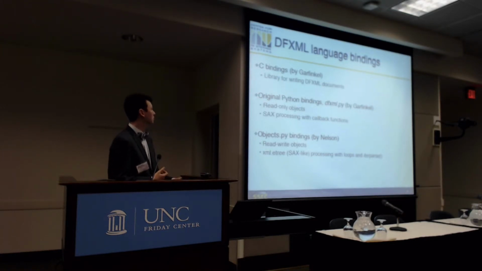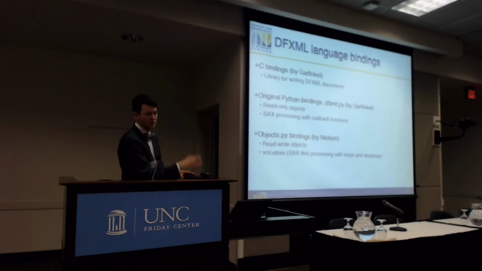So there are programming language bindings that let you either create or read, or now both at the same time, a DFXML document. The C bindings that Professor Garfinkel wrote are a C library you can plug into programs. The hashdeep family of file hashers currently uses those.